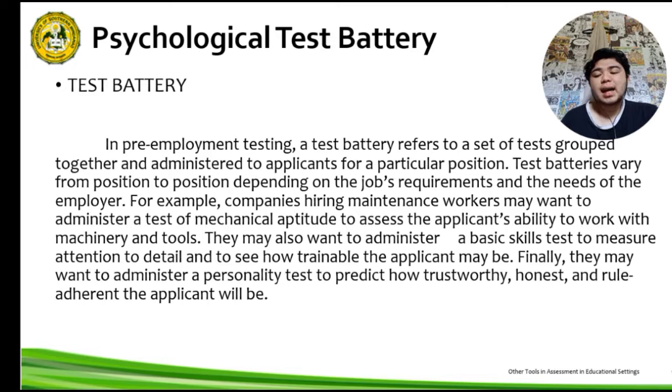Introduced by Francis Galton in the year 1884, the initial test battery was used to measure an individual's sensory and motor abilities. Once the battery of tests was administered, a report was written to summarize the findings, and test batteries have evolved over time.